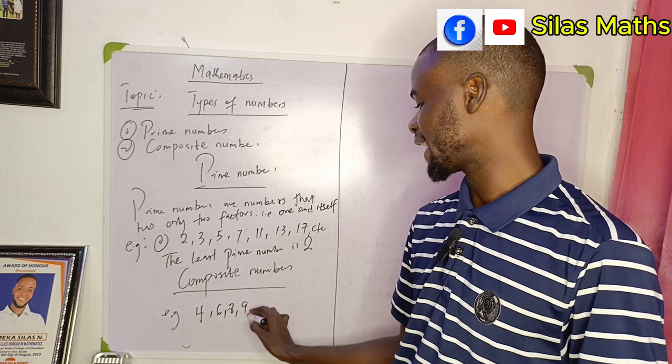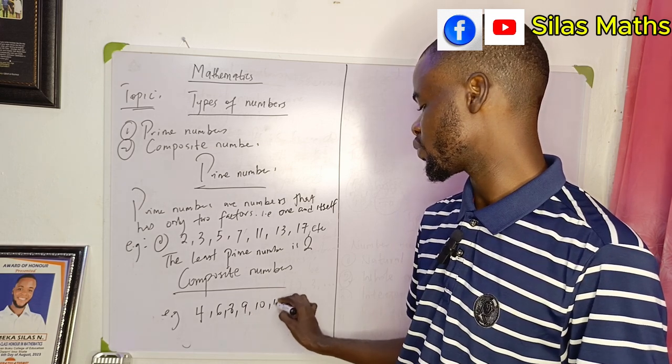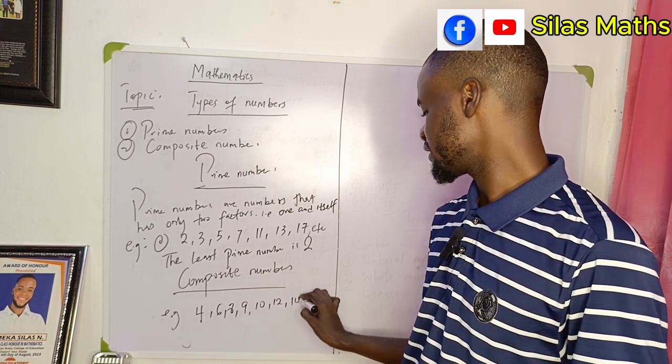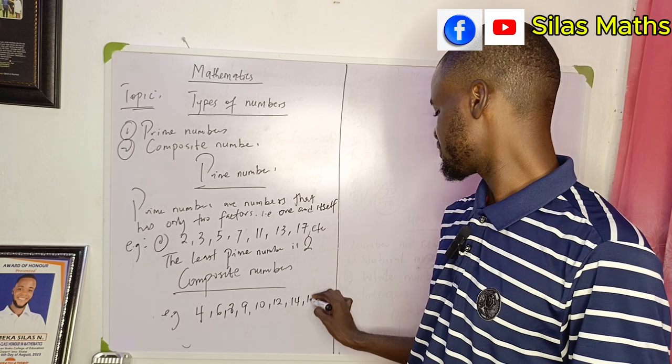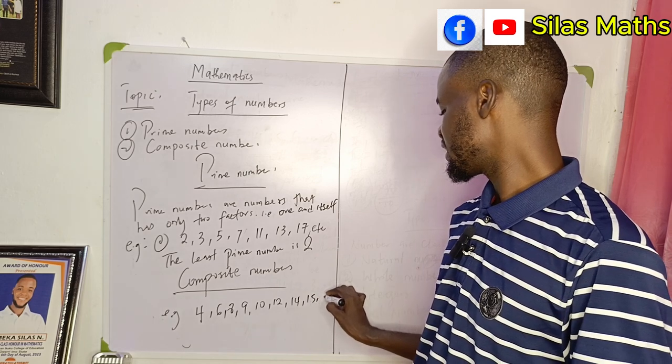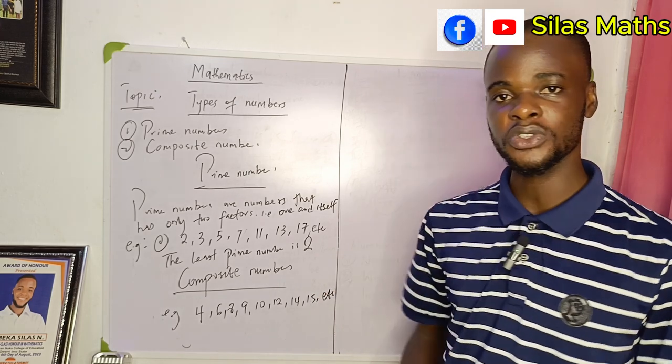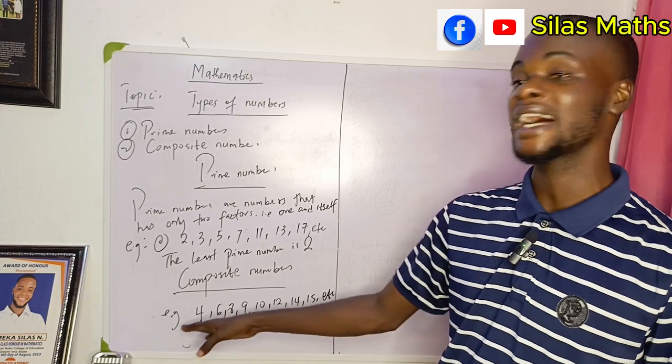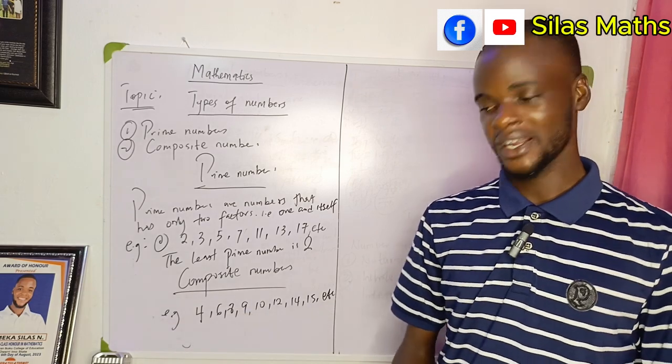The next ones are 9, 10, 12, 14, 15, etc., and so on and so forth. All these numbers have more than two factors.